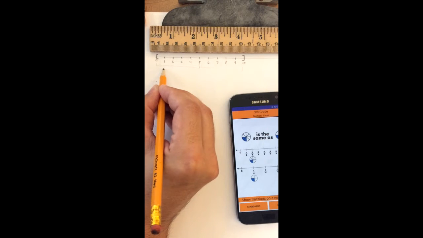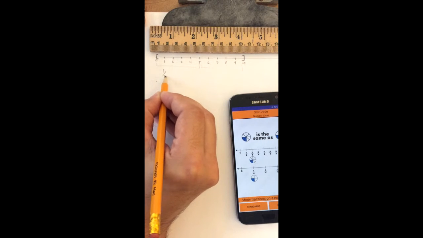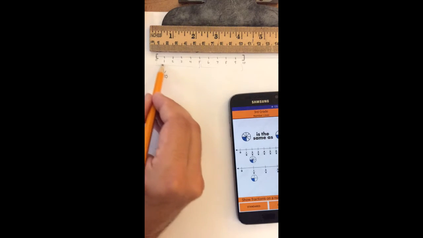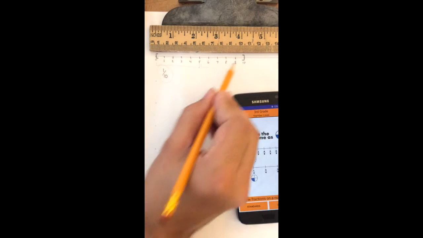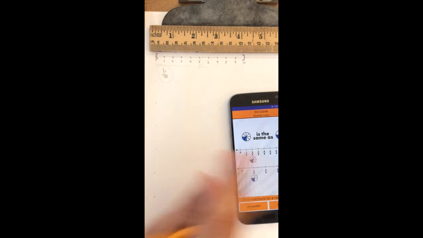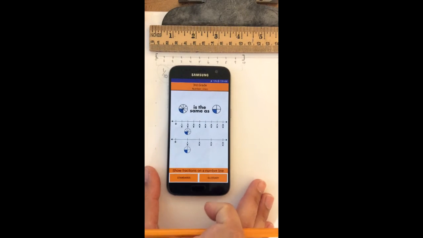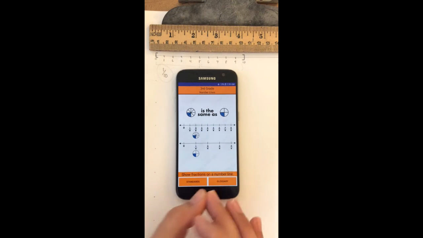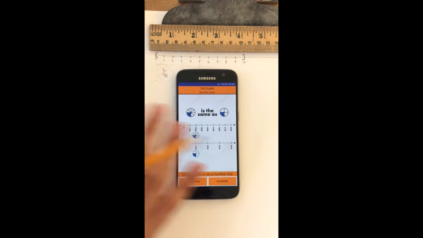And so making that transition into introducing the language and the symbols for what is 1/10 of a whole is a lot. That is a lot. And so just completing worksheets might not be enough to really grasp the conceptual understanding of what this is.